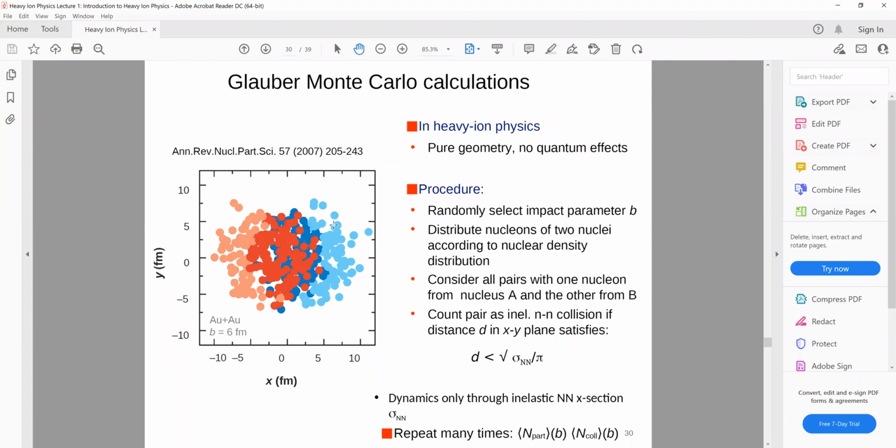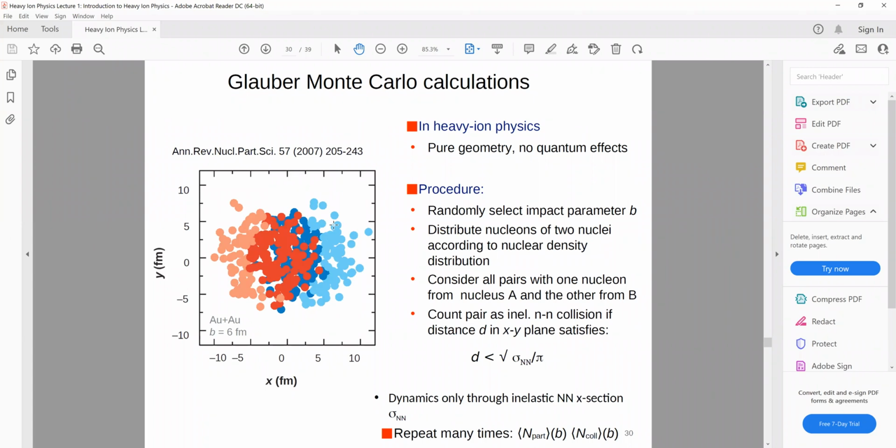How do you know that a given pair has undergone an inelastic nucleon collision? You calculate the distance between them in the transverse plane, the XY plane. Let's call it D. If D is less than the square root of sigma NN by pi, where sigma NN is the inelastic nucleon-nucleon cross section, then you consider it a collision.